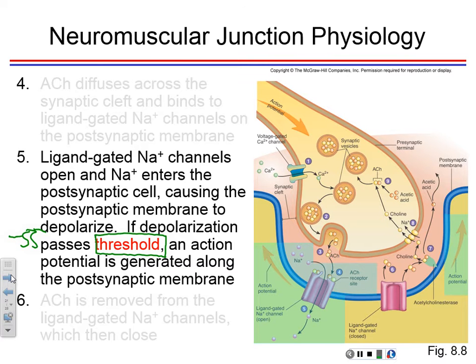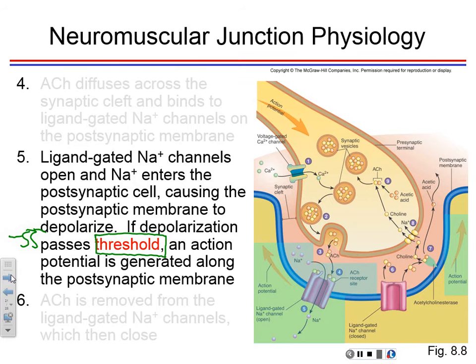So ligand-gated channels open up, and sodium gets into the cell. All right? So calcium channels open up, number 1. Calcium channels open up, calcium rushes in, and then it attaches to these vesicles.